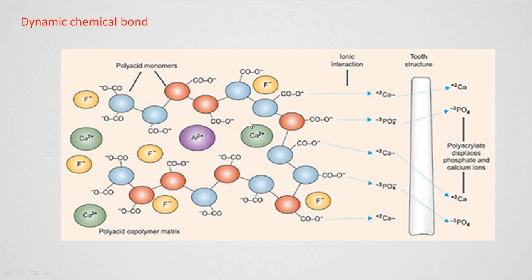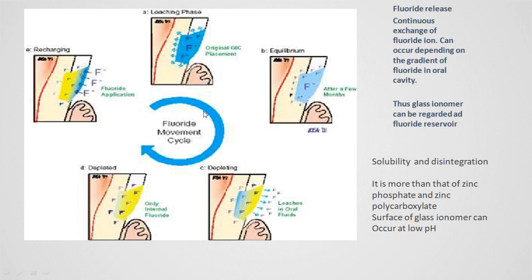Whenever this fluoride is depleted within the matrix, it can be reuptaken from the oral environment, and this also can be done by applying fluoride rich agents, and this is known as fluoride recharge, and the glass enamel cement acts as a fluoride reservoir.